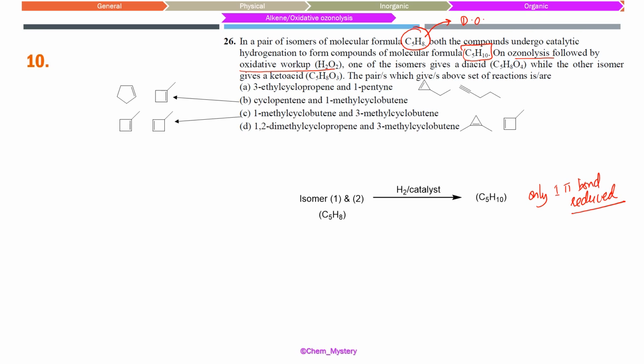Degree of unsaturation is one good thing to identify how we can go ahead.